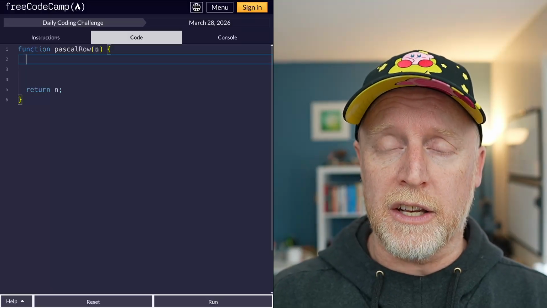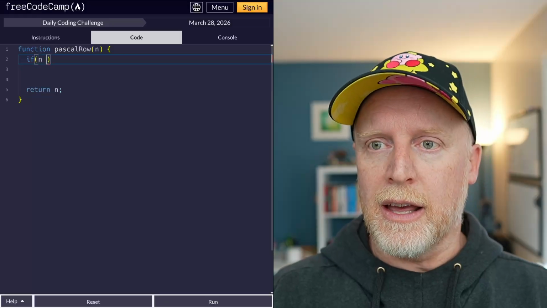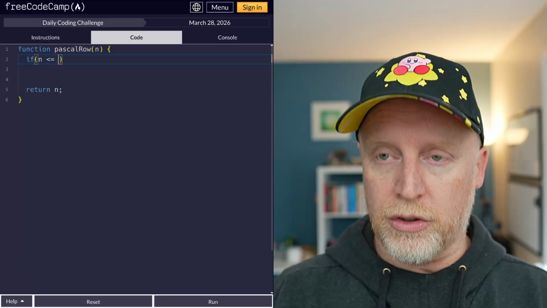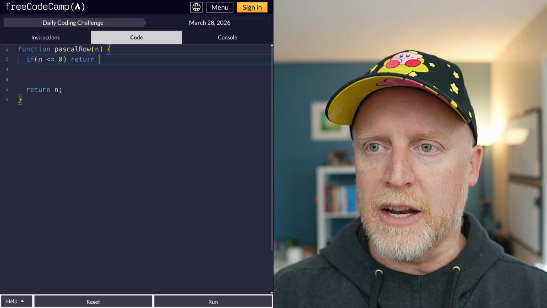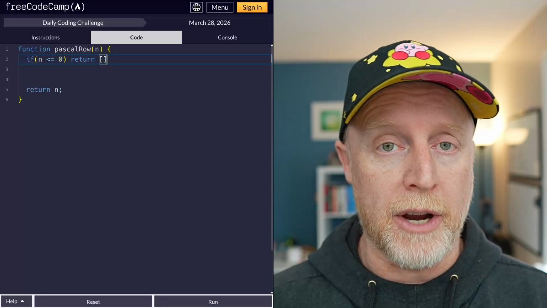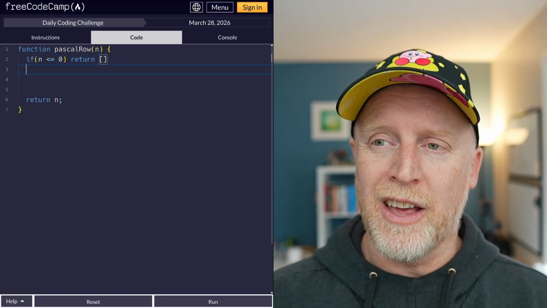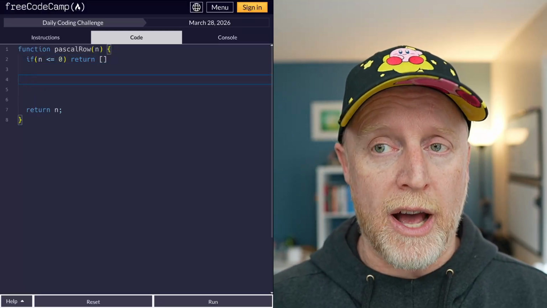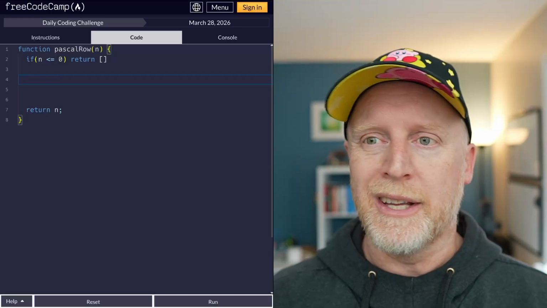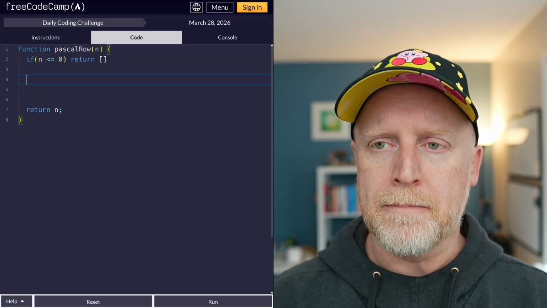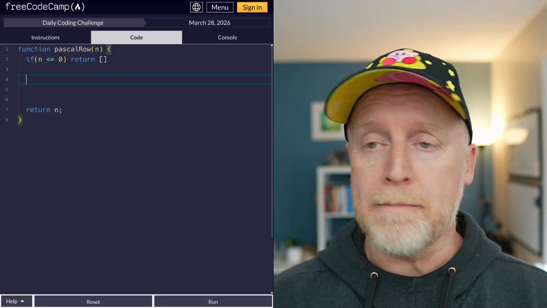But because it's one indexed, we can go if n is less than or equal to 0, okay? And if it is, let's just return an empty array, right? That makes sense. Most examples that you find online will have exactly that code. So just a little bit of an extra test, and then we can move on, okay?